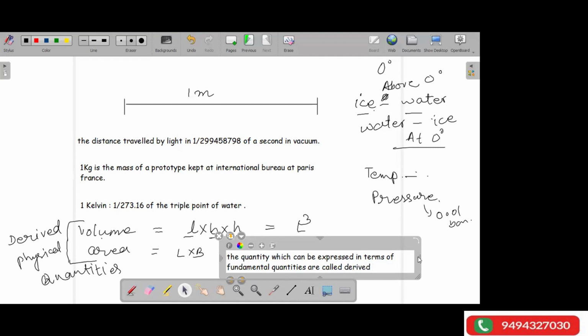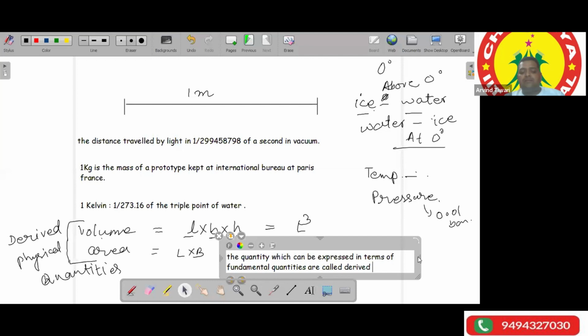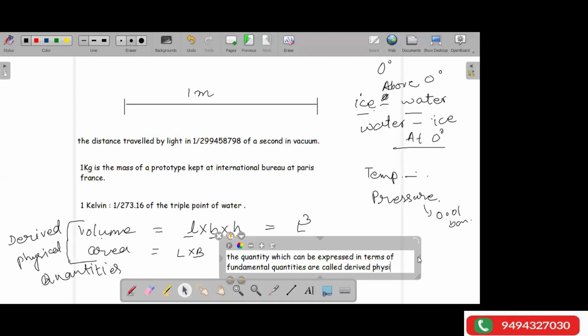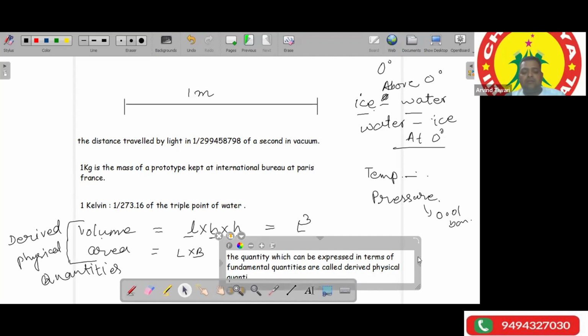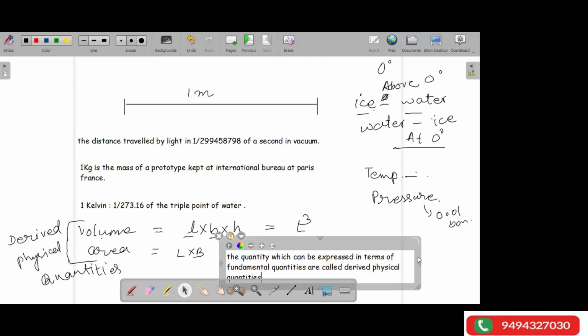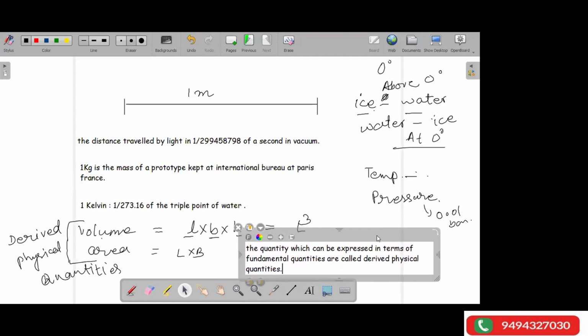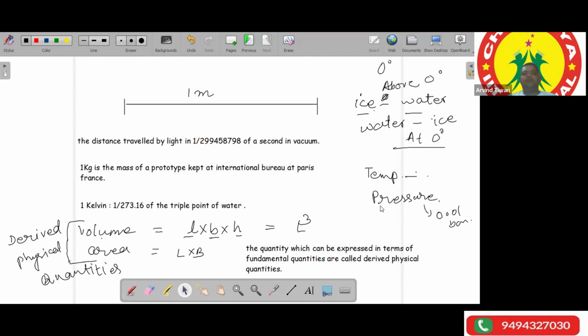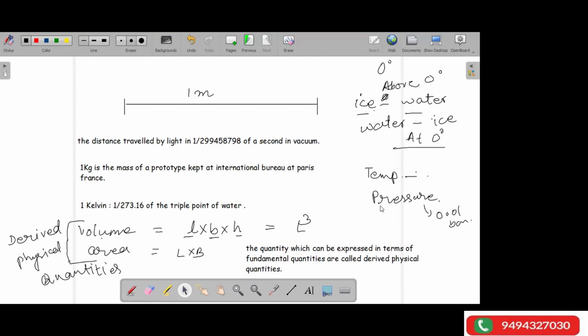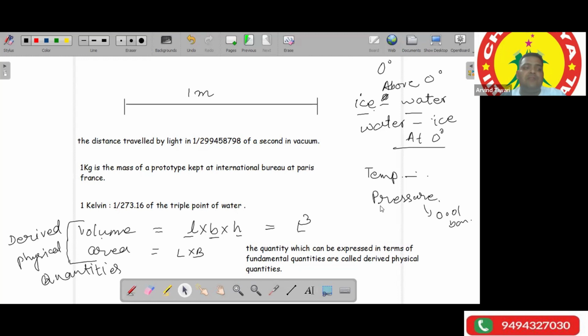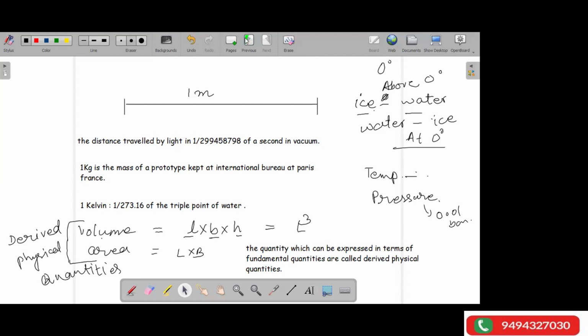So can anyone give me any other example of a derived quantity? Speed. Speed, very good. Speed is a derived physical quantity. Any other? What about force? Is force a derived physical quantity or not? Yes. Force is a derived physical quantity, right? So now you have got the definition: what are fundamental quantities and what are derived physical quantities. Just one more thing to add here.